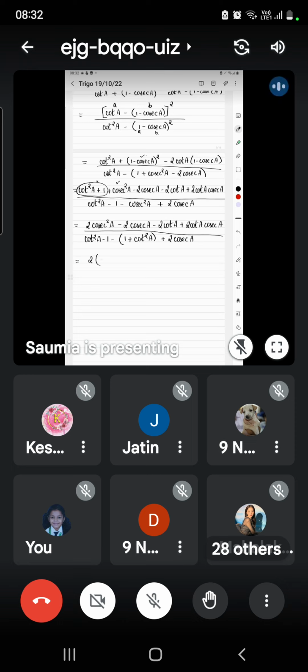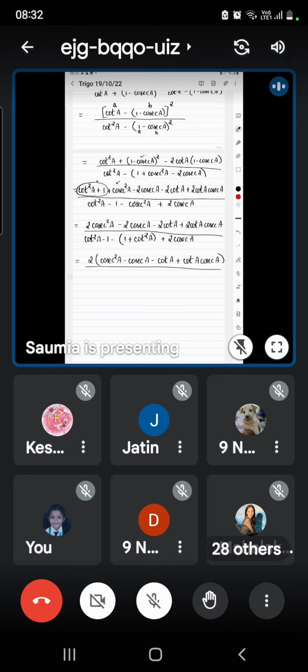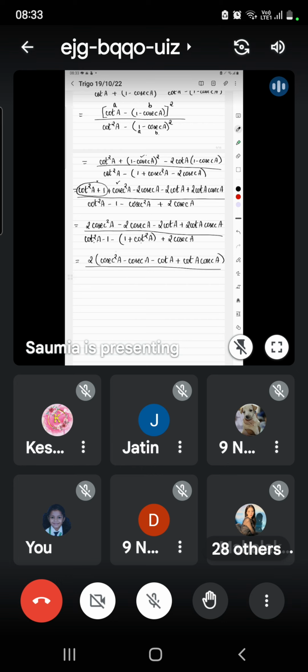Now, let's take 2 common at the top, instead of writing 2 so many times. Now, ma'am, what can cut? The cot A and minus cot A. Okay. Now look at the denominator. When I open the bracket, cot square A minus cot square A will get cancelled.